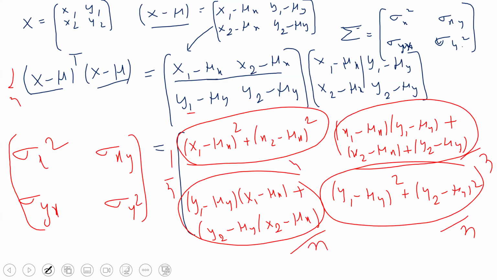So now can we write this as sigma, which is the covariance matrix? Can we write sigma as 1 by n times (x minus mu) whole transpose and (x minus mu)? Yeah. Right.